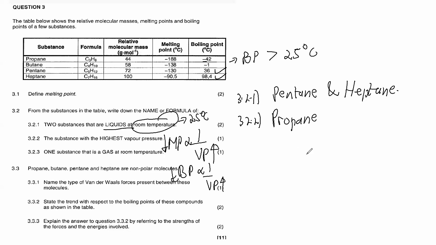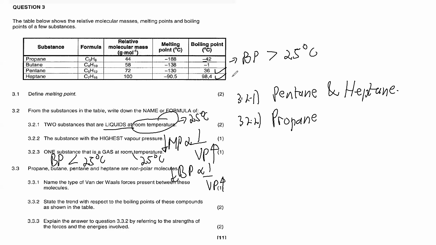And then 3.2.3 says, give one substance that is a gas at room temperature. If it is a gas at 25 degrees Celsius, that means its boiling point must be less than 25 degrees Celsius. In order for that substance to be a gas at room temperature, it must have a boiling point at a temperature that is lower than room temperature.